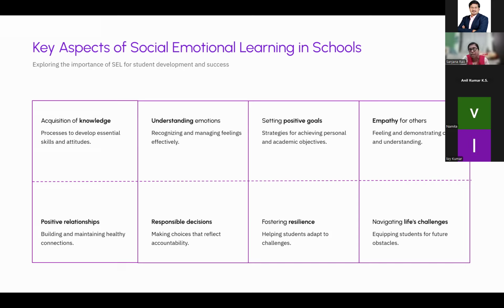Setting positive goals, a strategy for achieving personal and academic objectives. Empathy for others: emotions differ based on the situation, and empathy is based on others' feelings and emotions, which we have to understand.